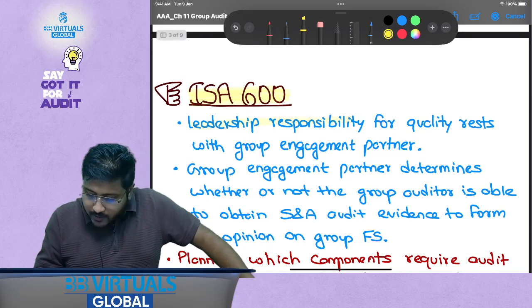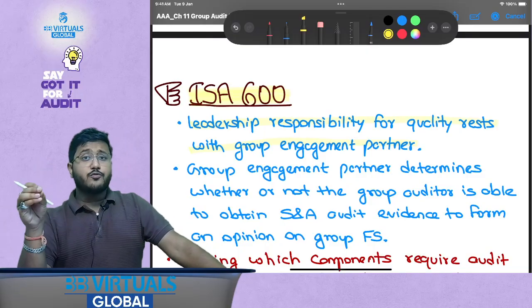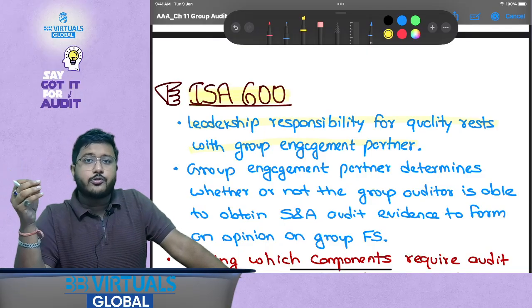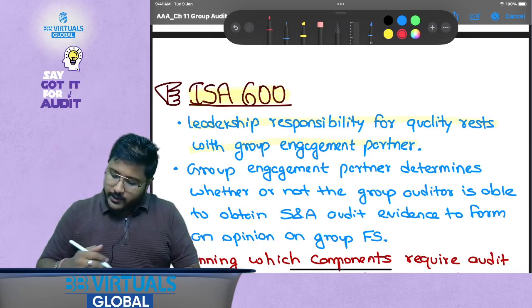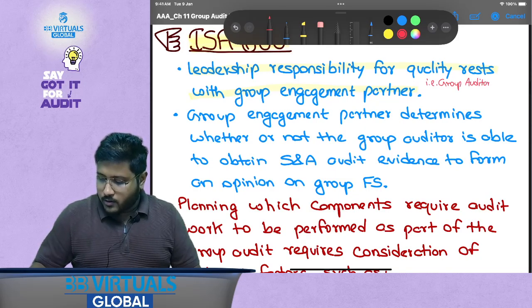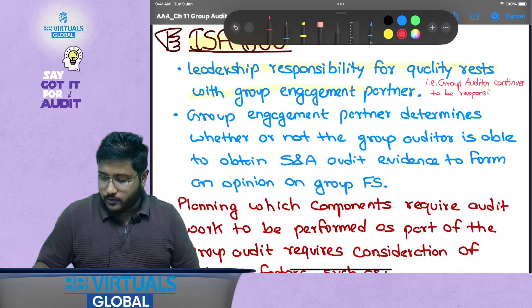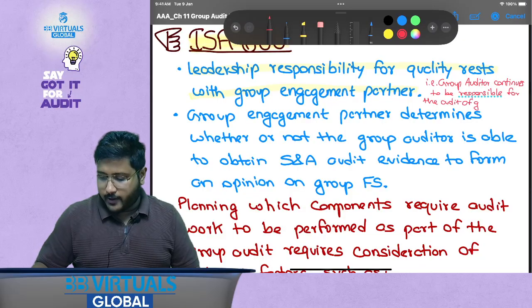Now, leadership responsibility for quality rests with the group engagement partner. Do we know this? Yes. Even if the component has made certain errors in the audit of components, who would ultimately be responsible? The group auditor. This could be written as: the group auditor continues to be responsible for the audit of the group as a whole.